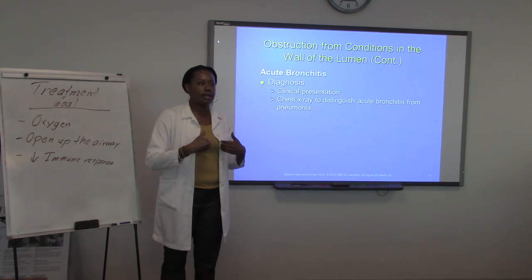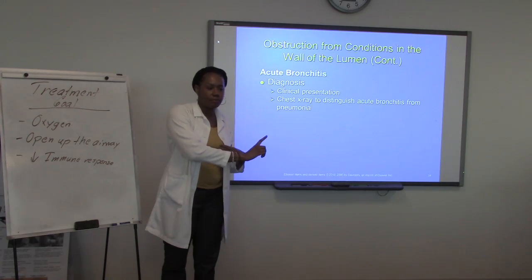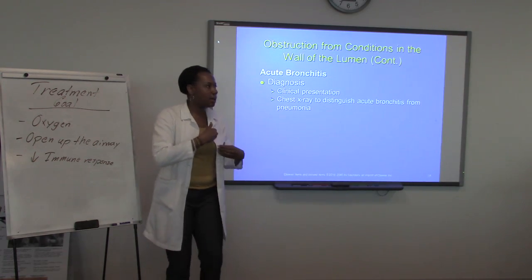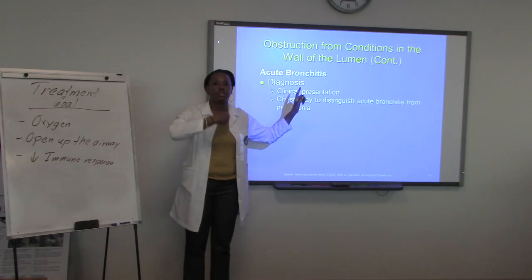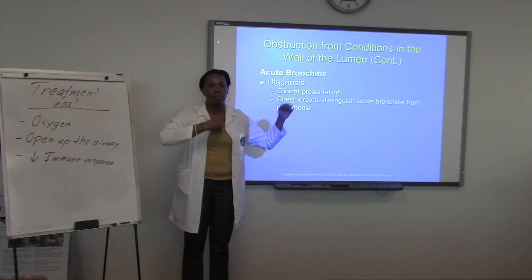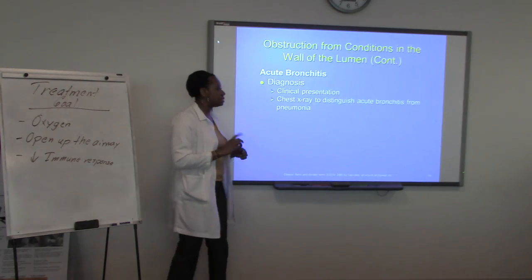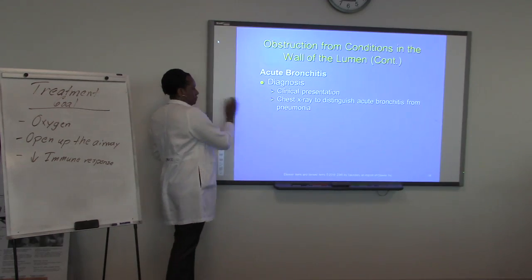So understand that when you see the infiltration in the lung tissue, that's pneumonia. Bronchitis doesn't have that. Why? Because bronchitis stays just in the bronchi, right in the bronchi and right in the trachea. But when it gets out into the lung, then that's the pneumonia. So that's the difference.